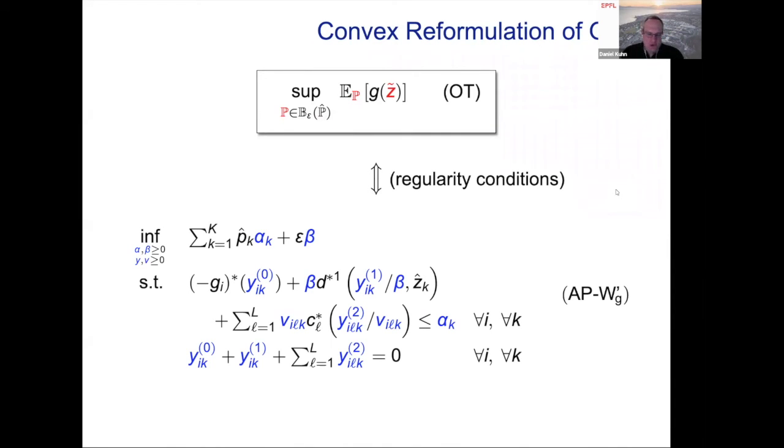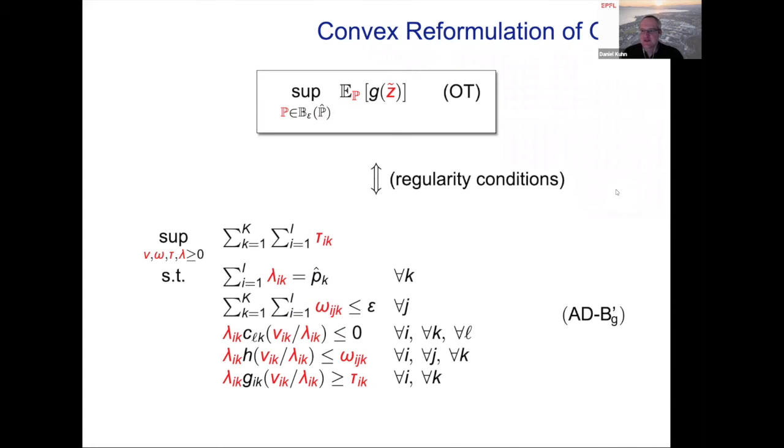And using our tools developed before, we can therefore reformulate the optimal transport-based uncertainty quantification problem directly as an explicit convex minimization problem, which allows us to efficiently solve distributionally robust optimization problems, or as an explicit convex maximization problem, which allows us to efficiently compute worst case distributions. Both of these convex reformulations have the same optimal value as the original problem under mild standard regularity conditions. I'd like to point out that these reformulations are new in this generality.